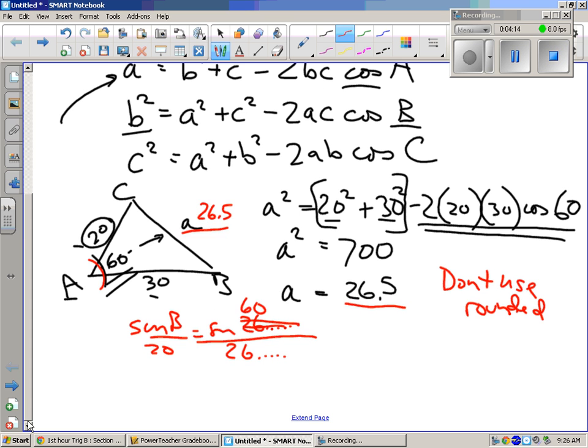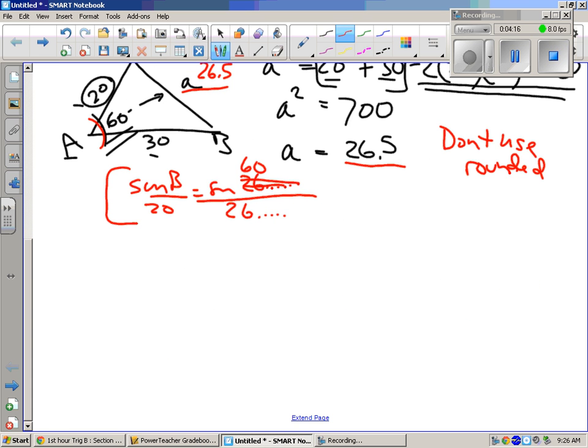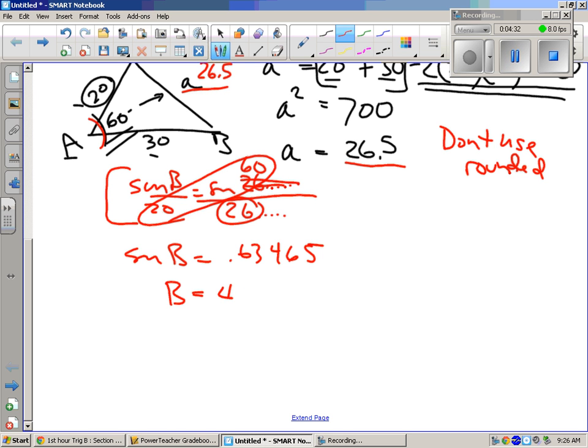So if I continue this problem here, let's work this out. I get the sine of B equals, I got 63465 when I multiplied these two and divided by 26 point whatever. So I got angle B to be about 40.9. You'll have to do inverse sine to get that answer.